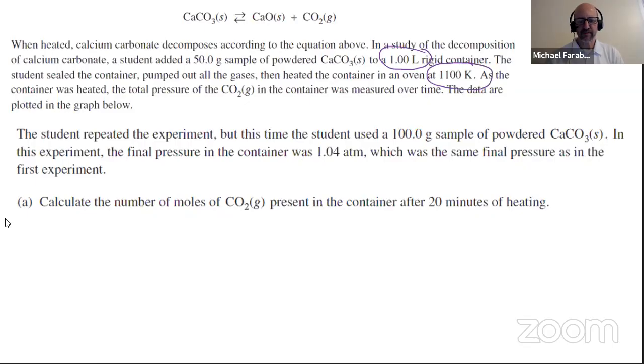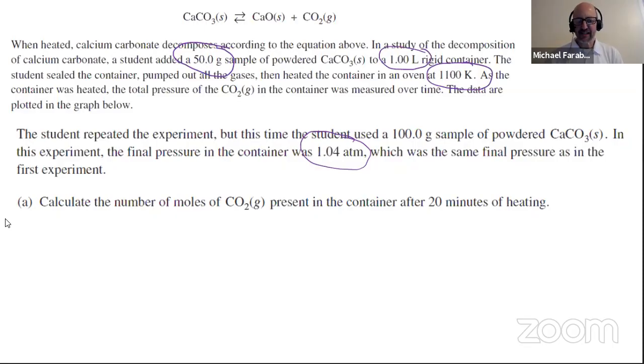So we have a volume, we have a temperature. Now we have this number here, which is grams, but it would be a mistake to convert this from grams to moles because we have to go with the data. And the data indicates that we have a pressure of 1.04 atmospheres.